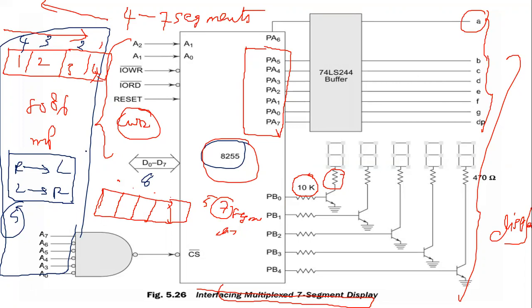For suppose you just want the microprocessor to display the number 5, you display it for each and every cycle. So you have to refresh that 8255 PPA to display another number. For each and every operation, this 8255 PPA has to be refreshed to display another number.